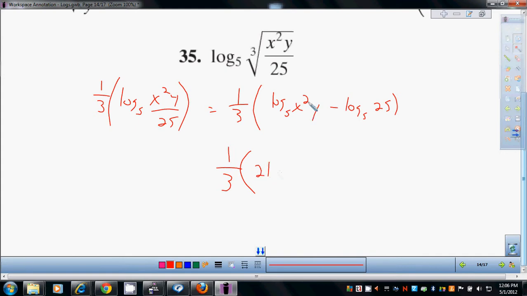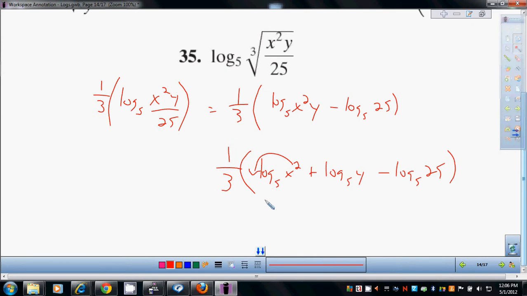Careful. The 2 would not go with the y. So, technically what you want to do is first break up the x squared and the y via addition. Now the only thing left to do is what? The 2. Comes down here, making that 2 log 5 of x.